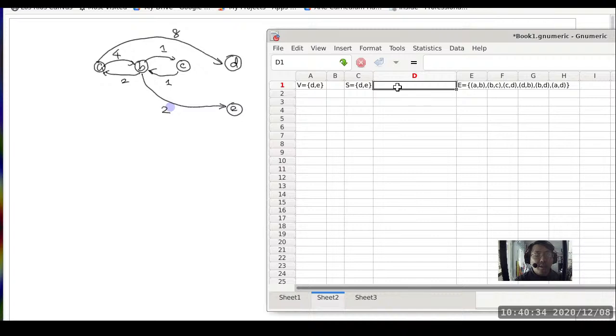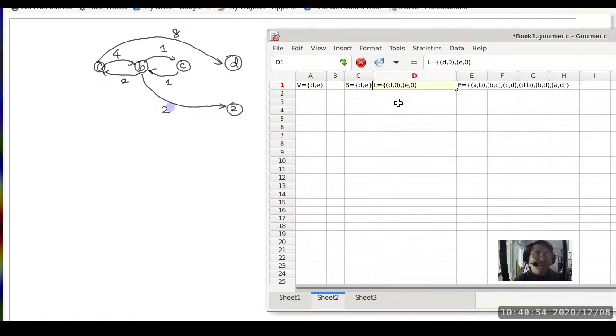Column D is the set L. So initially L is going to map everything to infinity except for the destinations. So it maps D to 0 because D is already a destination. It's also going to map E to 0 because E is also one of the destinations.